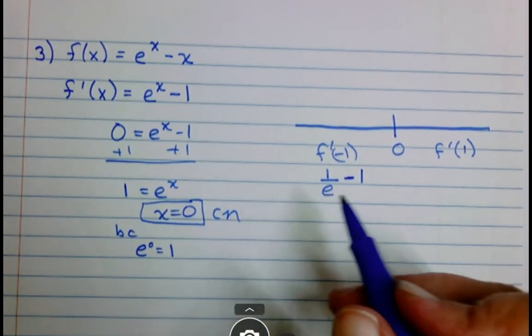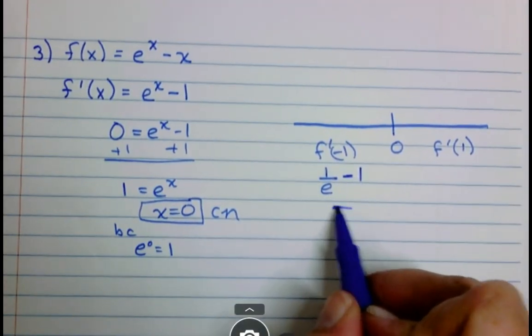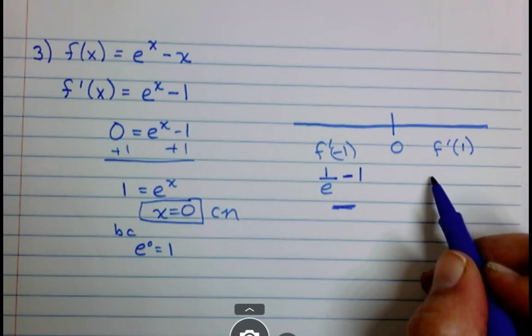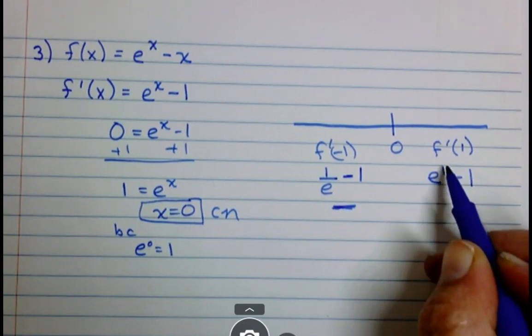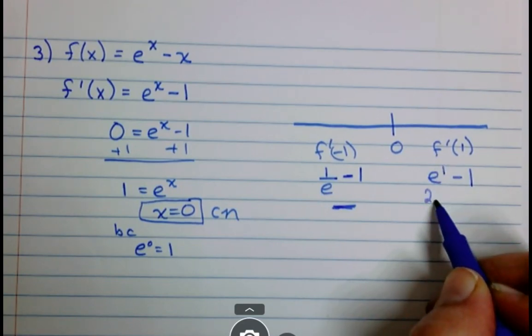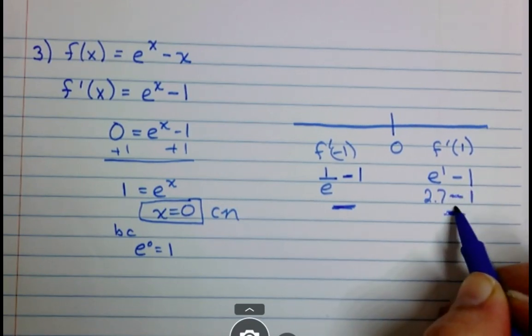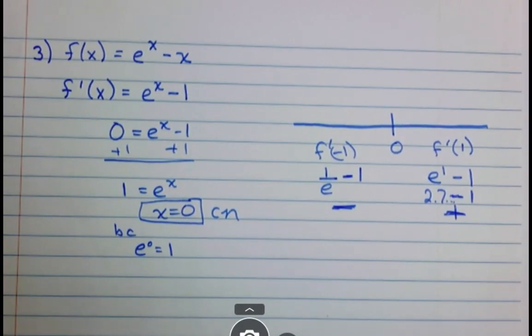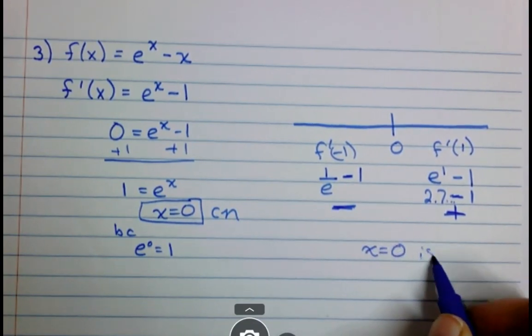So 1/3 minus 1 is going to get me a negative answer. And then here we would have e to the power of 1 minus 1, and e to the power of 1 is 2.7 and so on, minus 1. So that's going to be positive. Therefore, wow, everything's ending up being a min, isn't it? Therefore, x equals 0 is a minimum.